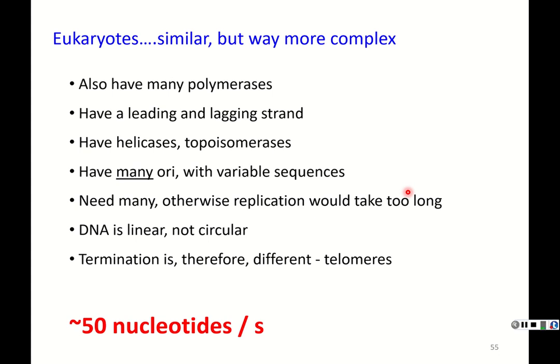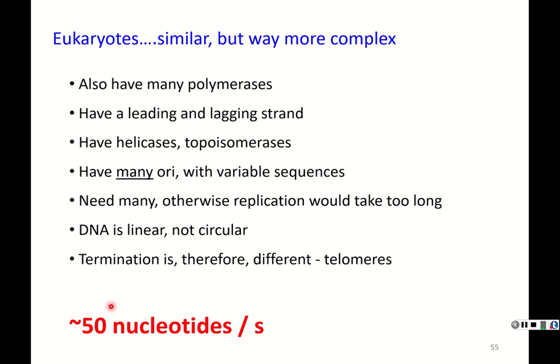The DNA is linear, not circular, so that also will make the replication process slightly different. And specifically, the termination is going to be different. And that's also one of the reasons why telomeres are important, because they're on both ends of the chromosome.